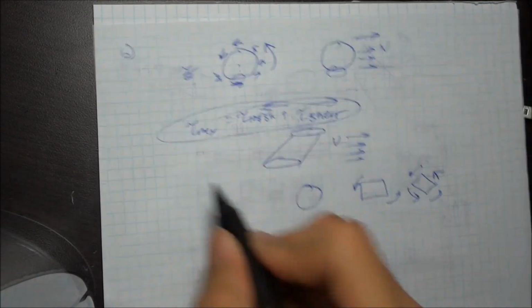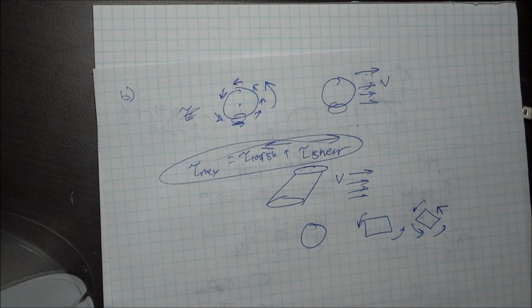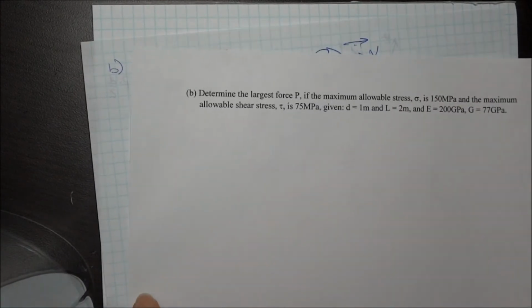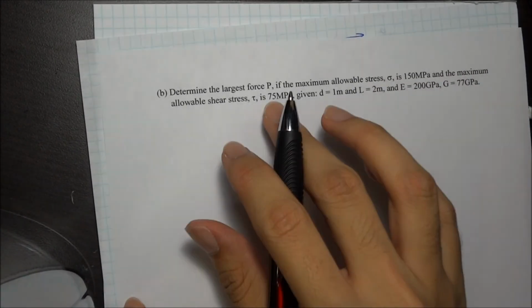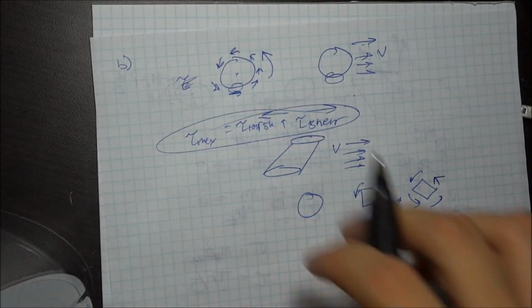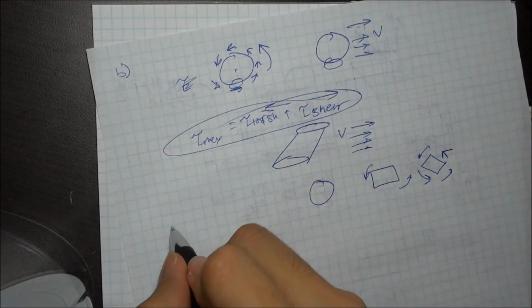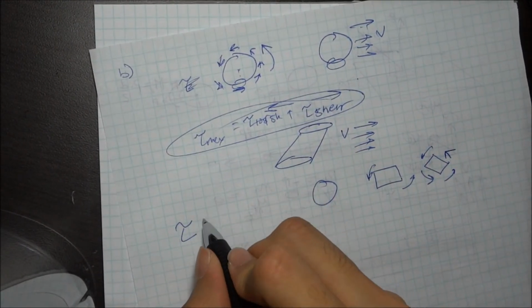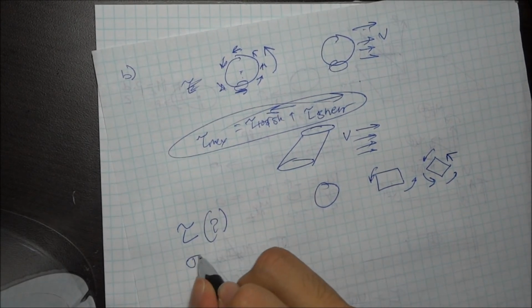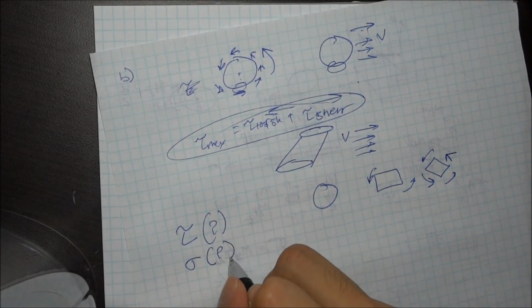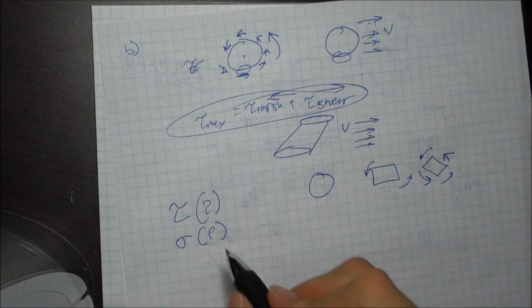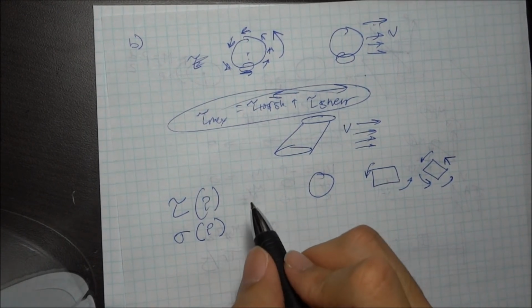And that will give you the tau that you saw for this equation. You're going to be able to express these terms. You're going to be able to express tau in terms of P. You're going to be able to express sigma in terms of P, and then you're going to plug in all the values you have here.